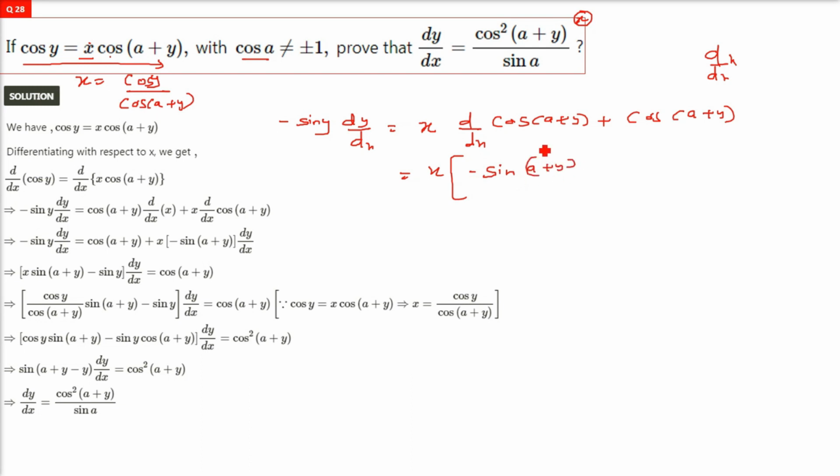So we have x, and d/dx of cos(a + y) is minus sin(a + y). And since we have a + y inside, we have to take the differentiation of a + y also. a is 0 because it is a constant, and y will be dy/dx.